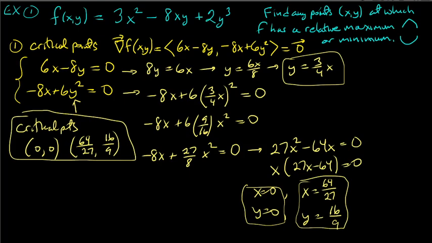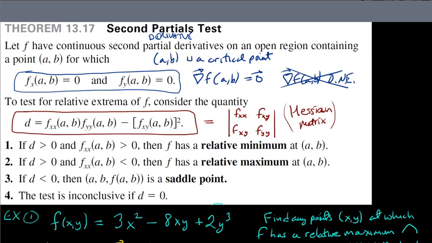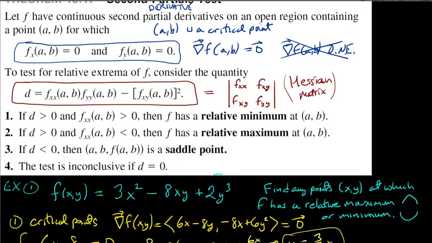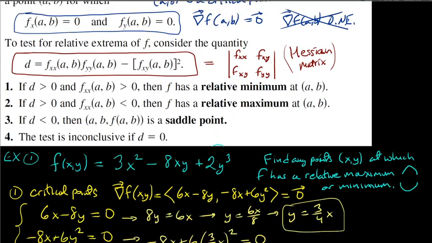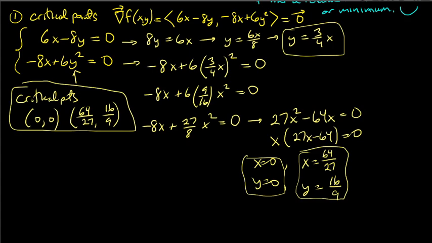Right? So we just use our test. In this case, all we have is the second partial derivative test, right? So that's what we need to do. So let's calculate D. Well, we have the first partial derivatives. Let me just copy those down here. So fx is 6x minus 8y, and fy is negative 8x plus 6y squared.